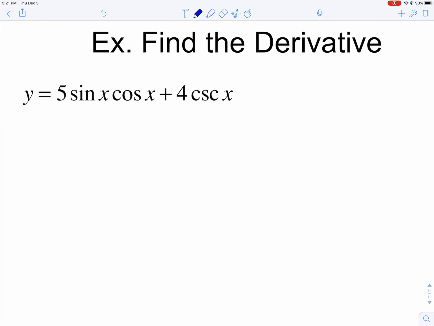All right, so to find the derivative of this next function, y prime, sometimes you can use an identity to rewrite the function that you're finding the derivative of in a simpler way, and it makes it easier to find the derivative.